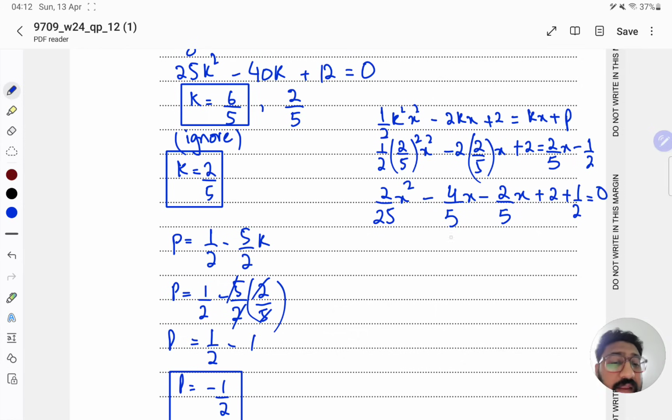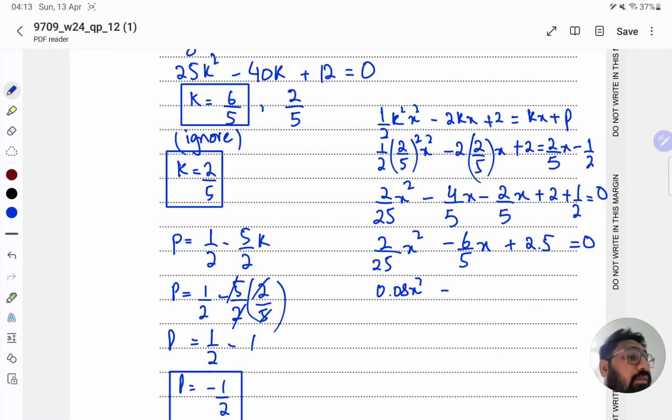So it will be 2/25 x squared minus 6/5 x plus 2.5 equals 0. Now we can find the value of x from here: 0.08 x squared, 6/5 which is 1.2x, plus 2.5 equals 0.